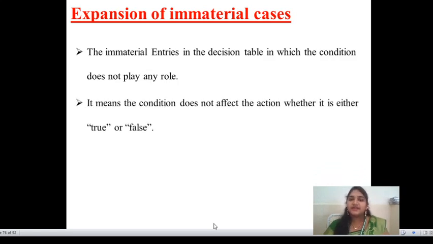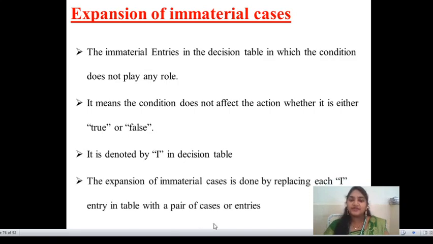It means the condition doesn't affect the action whether it is true or false. It is denoted by I in the decision table. The expansion of immaterial cases is done by replacing each I entry in the table with a pair of cases or entries.